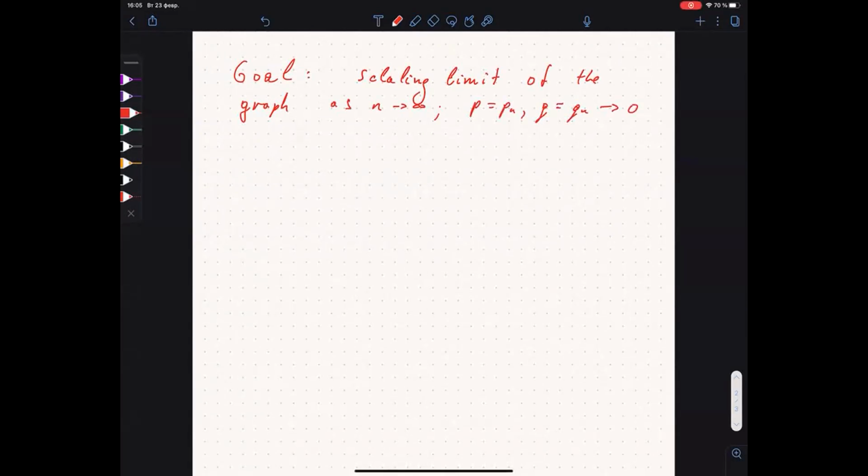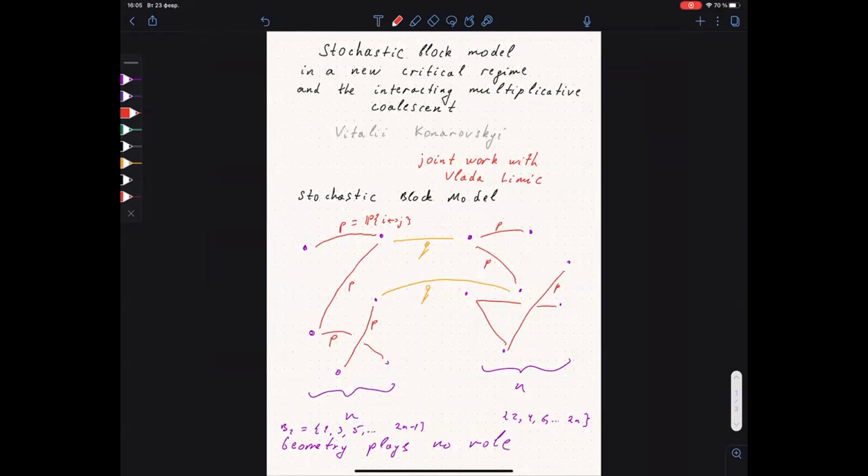To be more precise, we want to consider sizes of connected components of the stochastic block model. Two vertices belong to the same connected component if they are connected by some path. On the picture here, let me modify it to have something more interesting.